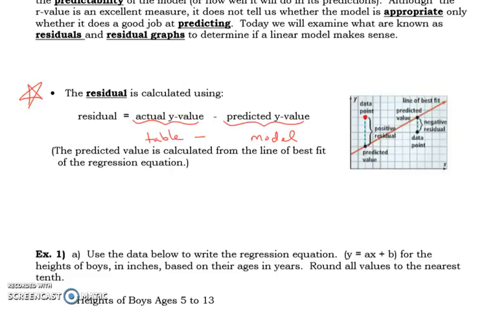Here's a data value here, here's a data value here. And then my line of best fit goes through them. The residual is the distance between the data point and the line. So the residual comes from the actual Y value, again from the table, minus the predicted value from the line of best fit. And it's very, very important that you understand that.